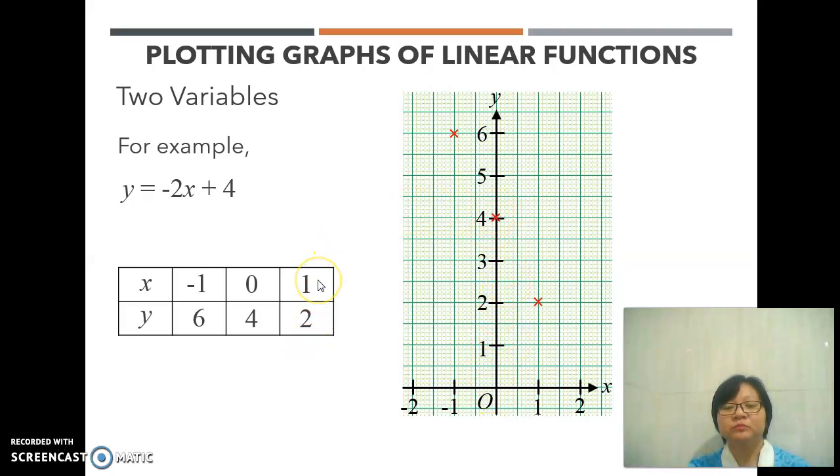And then 1, 2, it means go to the right 1 step and then go up 2 steps. Now connect the points. It must be a straight line, and then label the graph. Now we have the graph. This is how we plot the graphs of linear functions.